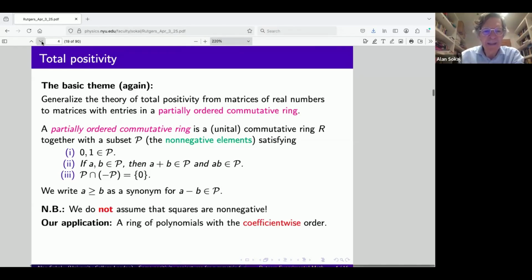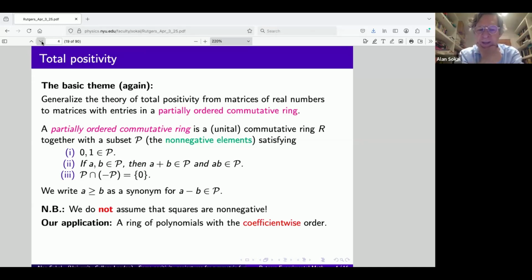And I stress, I do not assume that squares are non-negative. The example I have in mind as my prototypical example is a ring of polynomials with the coefficient-wise order.